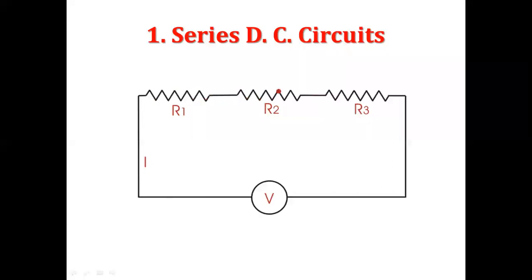I will tell you one best example here. Suppose there is a family of four members, father, mother, you and your brother. Your father earns a 40,000 salary, which is the total voltage.